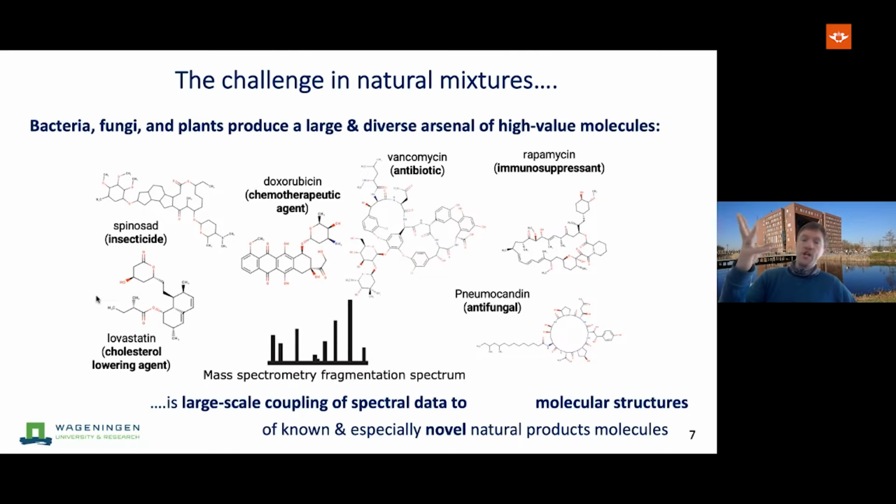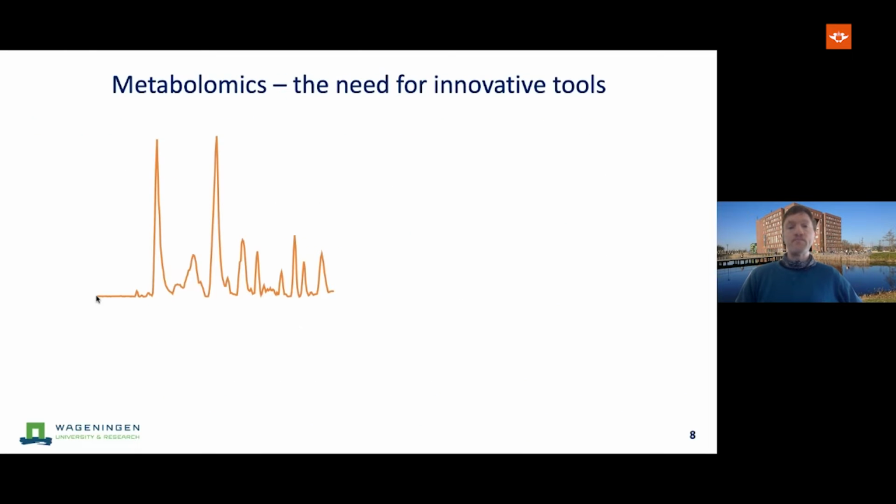So the real challenge is to couple the structural information of molecules to the data, right? And especially large molecules, and that's already everything larger than lovastatin on this slide. I consider it a large small molecule, and there the possibilities of how the atoms are placed are starting to become endless, and therefore it's really hard to do structural annotations.